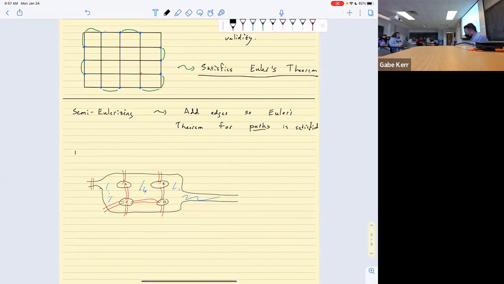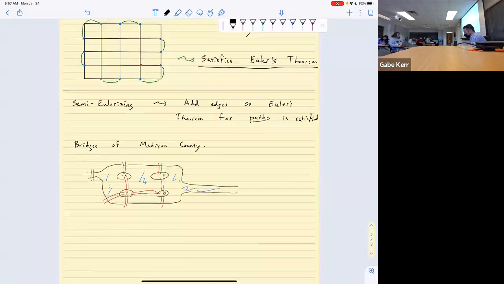So here we have this problem with Bridges of Madison. Now, I didn't actually give the full details of this, so let me explain what the details were. You're in this county. There's some land here, there's some land here. There are 4 islands.